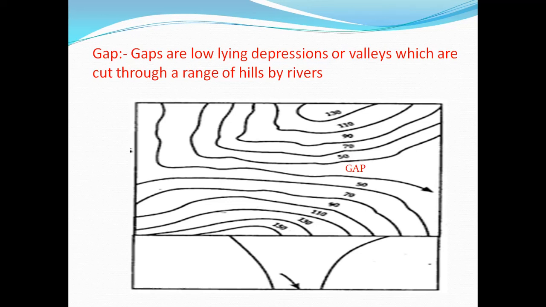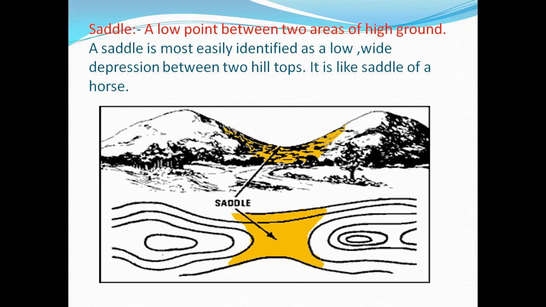Now let us look into another type of physical feature, that is called a saddle. A saddle is a low point between two areas of high ground, usually between two peaks of a mound or mountain.